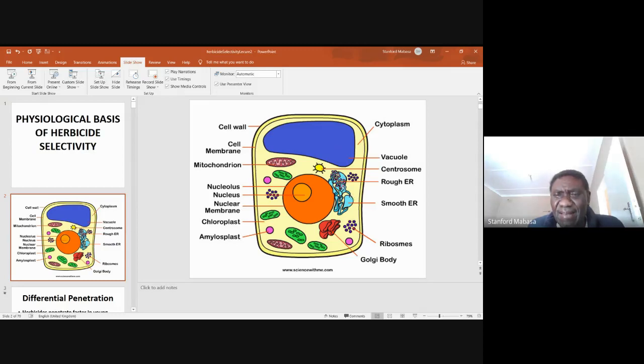It can enter these ribosomes or rough ER or smooth ER, endoplasmic reticulum for ER. It can also enter the mitochondrion or the chloroplast, where changes may take place within the cell. That will be then the metabolism. So everything will happen in the cells.